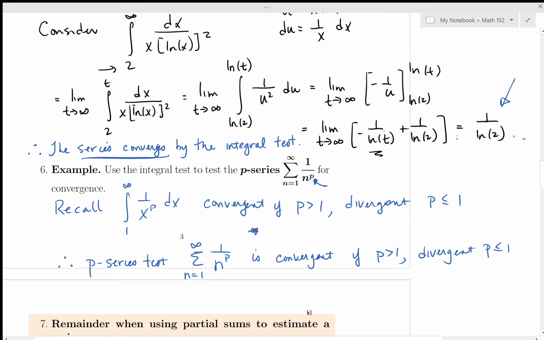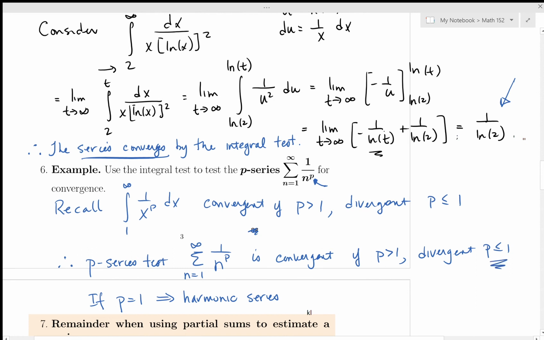Okay, so notice what's happened. If p is equal to 1, we end up with the harmonic series, and that is divergent. It's that line.